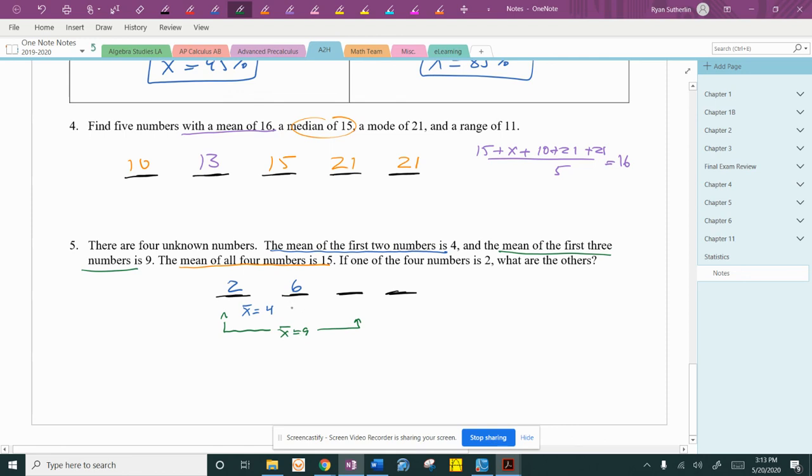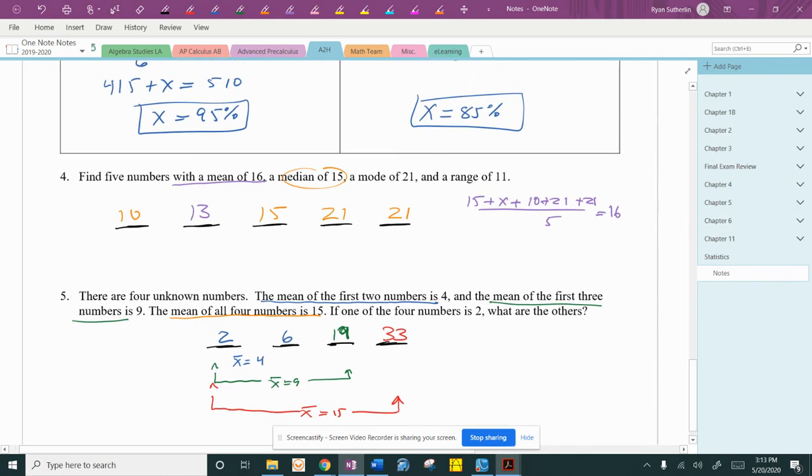And so I have 2 and 6, which is 8, which means the missing number here is 19. And now the last number, we know that these 4 numbers all have to average to be 15, which means if I add them all up, they have to be 60, because 60 divided by 4 is 15. If I do that, my missing number is 33. So there are your 4 missing numbers.